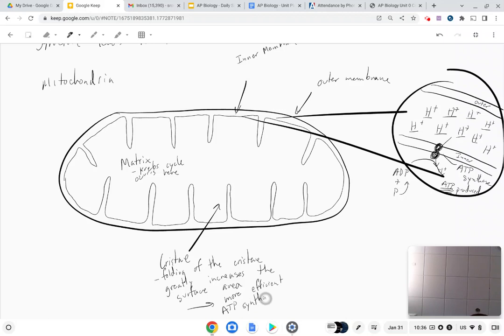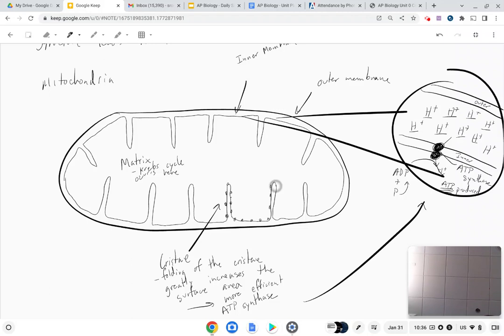You got a limited space to put these. I'll refer you back to here. You've got a limited space for where you can place these ATP synthase proteins. But if you've got a lot of folding, then you've got more room to put those ATP synthase, right? There's just more area for these reactions to take place.